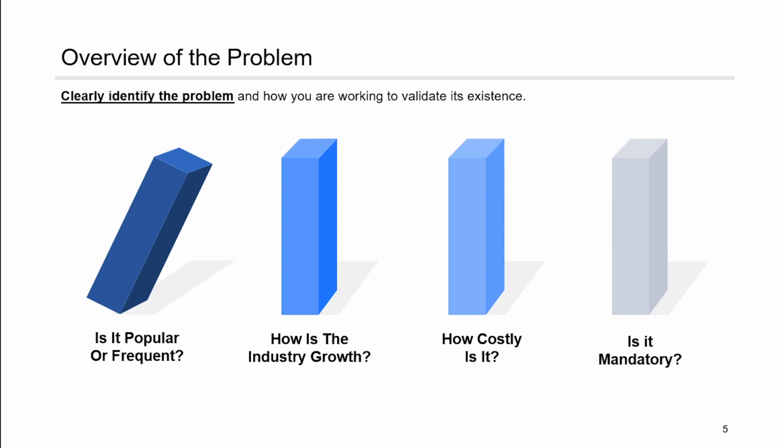And last, is it mandatory? Now, mandatory doesn't necessarily mean that the government is mandating it, although it definitely can. But what that means is there is even social pressure to do it properly, right? Such as being a consumer or a fashion brand that is very conscious of its environmental impact, right? For a lot of brands, they couldn't just go out and say, we don't care about the environment, we don't care about the turtles.